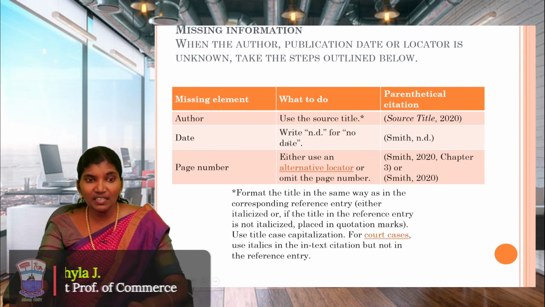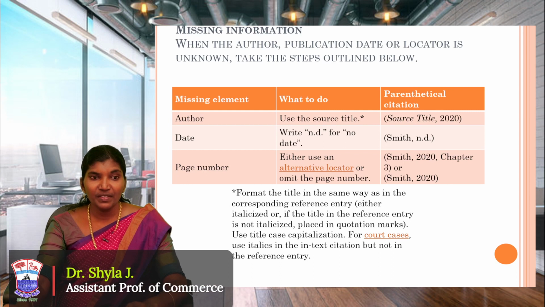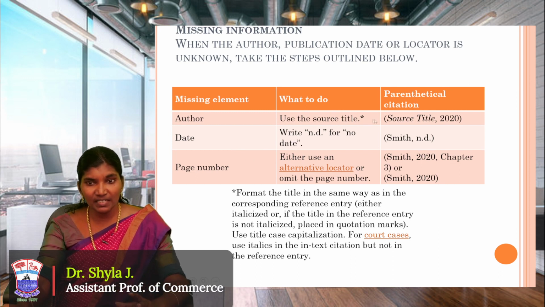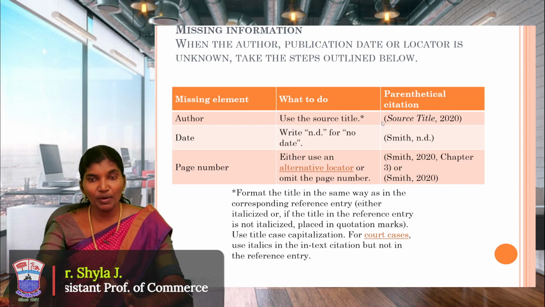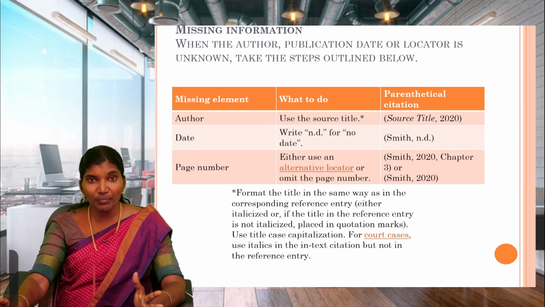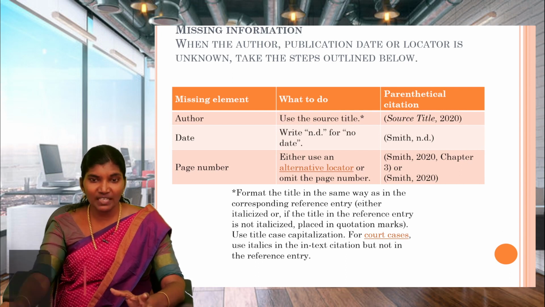Another case is when you don't know the author's name, that is, missing information or missing elements. Then how do you quote the reference details? If you don't know the author's name, how do you mention the source of the content? Use the source title, then the year of publication 2020, because we don't know the author. In the place of the author's name, you write the source title.